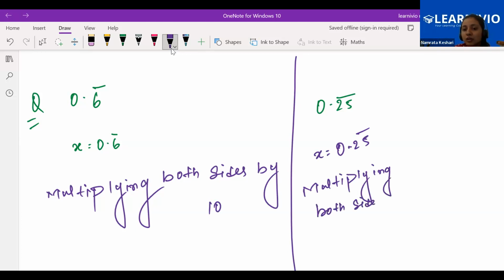So in any equation, we are completely allowed to add a certain number on both sides, subtract a certain number on both sides, multiply a certain number on both sides, and divide a certain number on both sides. We are completely allowed. So the step which we are writing over here, multiplying both sides by 10, is that allowed mathematically?